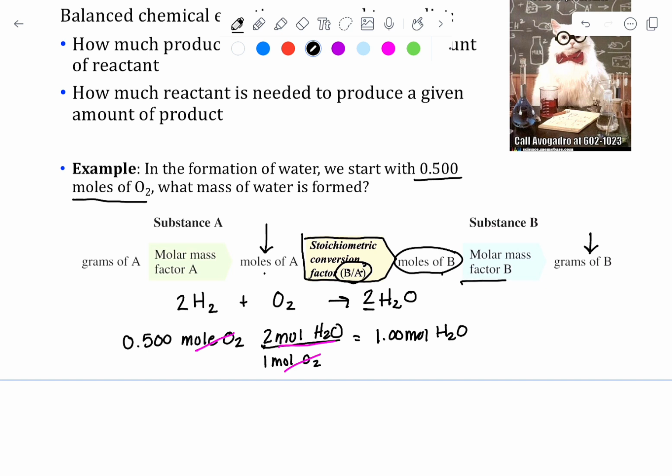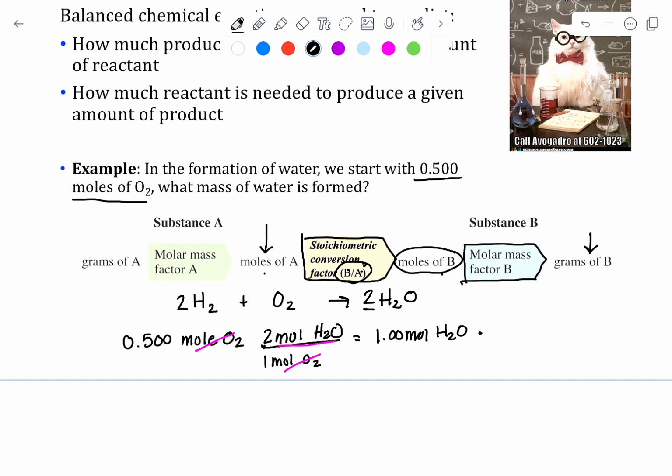I now want to use my molar mass of substance B, which is the molar mass of water, to convert from moles to grams of water. Now, we've done that before. I've given you mole values and asked you to convert them to grams. We've done that in multiple chapters so far. So we are fully capable of now doing that portion of the problem.